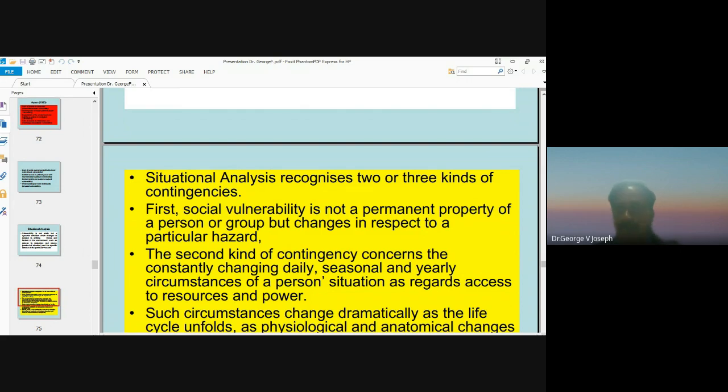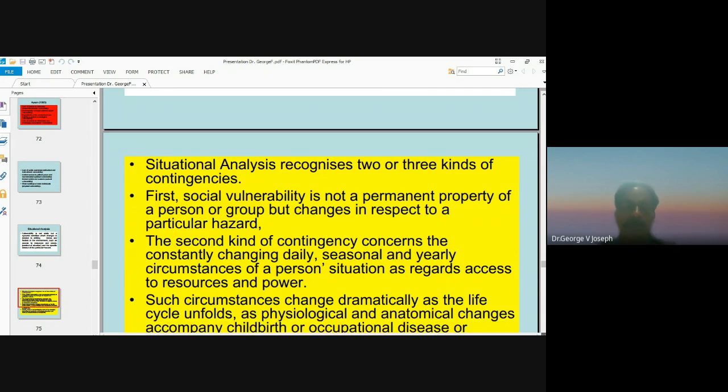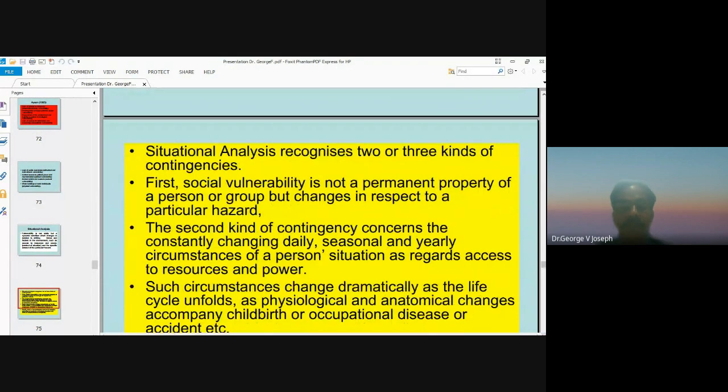So it varies depending on the hazard. The second kind of contingency concerns the constantly changing daily, seasonal and yearly circumstances of a person with regard to access to resources and power. Five years ago a community may have been sharing power, but five years down the line that group or area may not be. So again, the vulnerability changes.